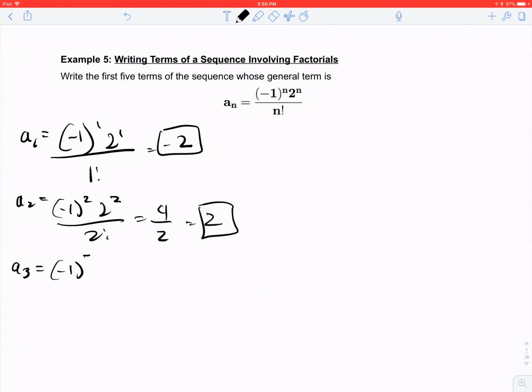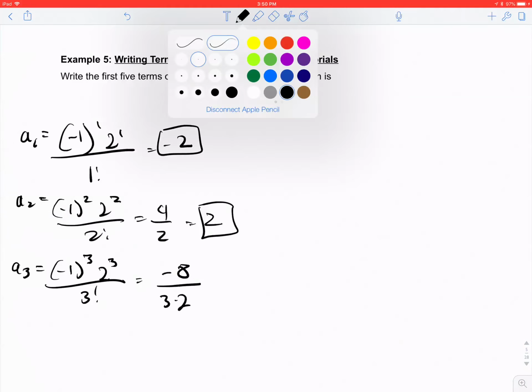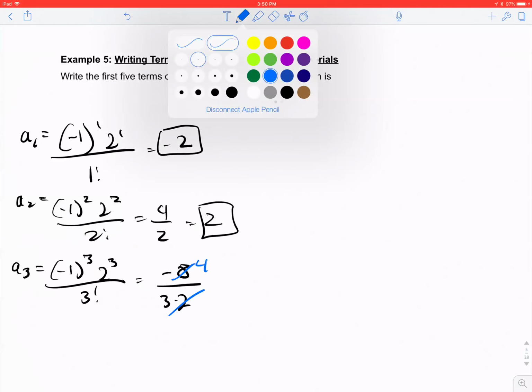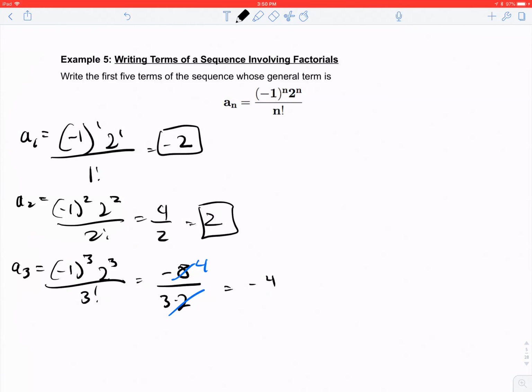A3, negative 1 cubed times 2 to the power of 3 over 3 factorial. 2 to the 3 is 8, so it's going to be a negative 8 over 3 times 2. But the 2 can turn the 8 into a 4, so then we'll finish with negative 4 by 3.